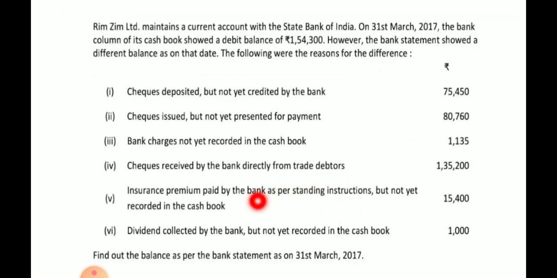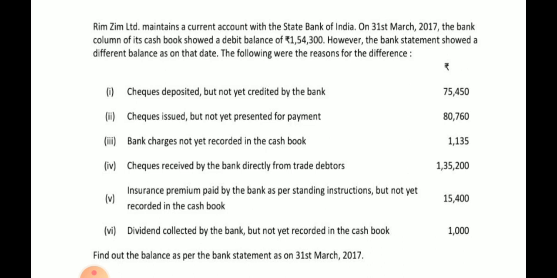Insurance premium paid by the bank as per standing instruction but yet not recorded in the cash book. Insurance premium is just like a fee you have to pay for insurance. So this will be charged by the bank and they still do not inform you.